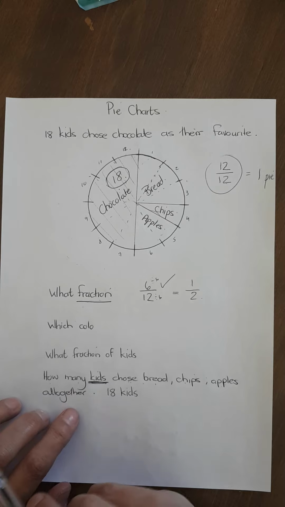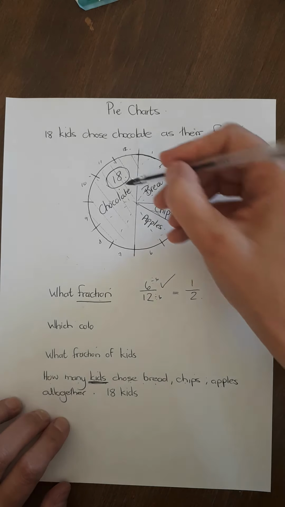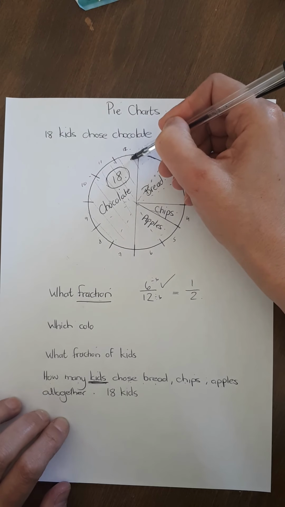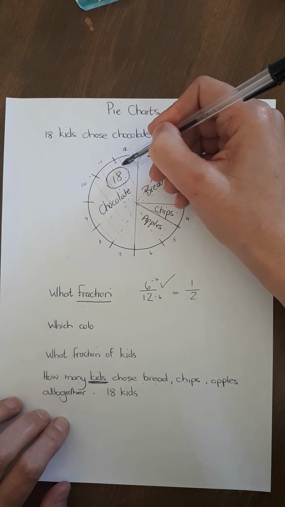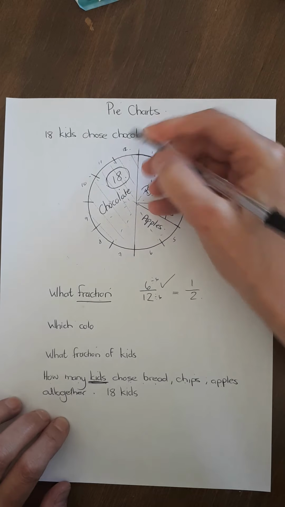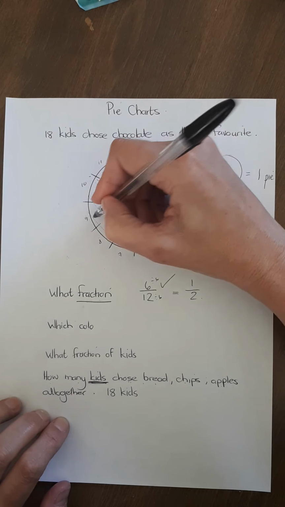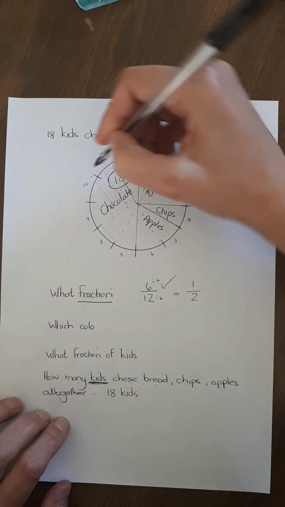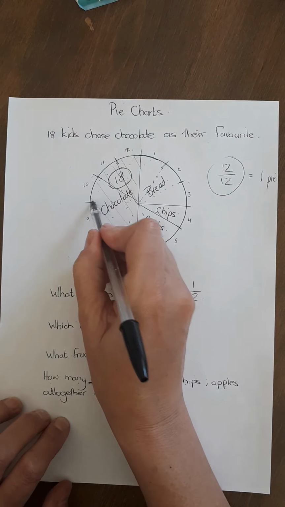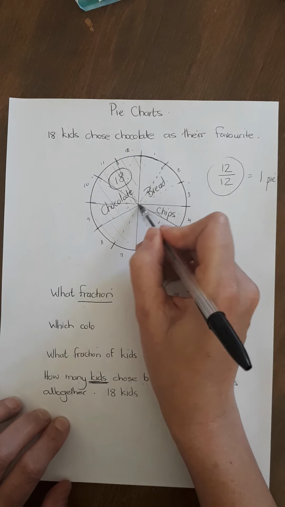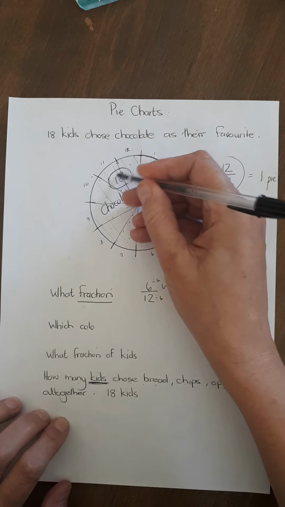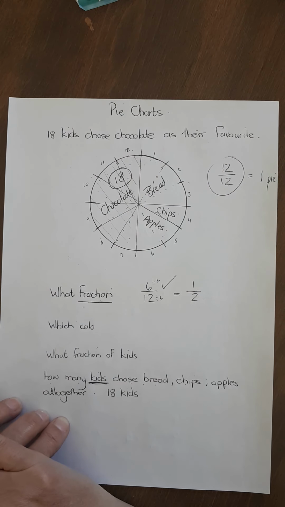So let me ask you another question. If 18 kids fit in this part, how many parts do I have here? 1, 2, 3, 4, 5, 6. There are 6 parts. I'm just going to divide this up so that you can see. If I had to spread the 18 kids out and make them stand on these slices of pie, how many would stand on each?